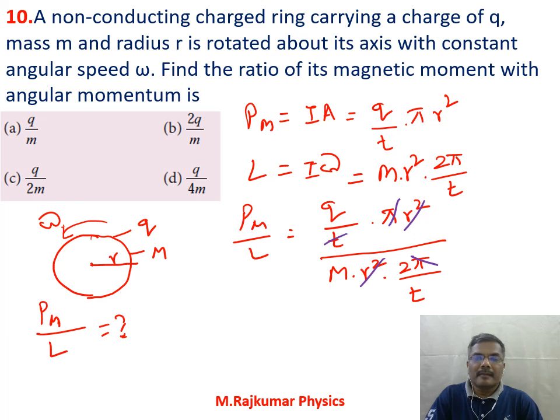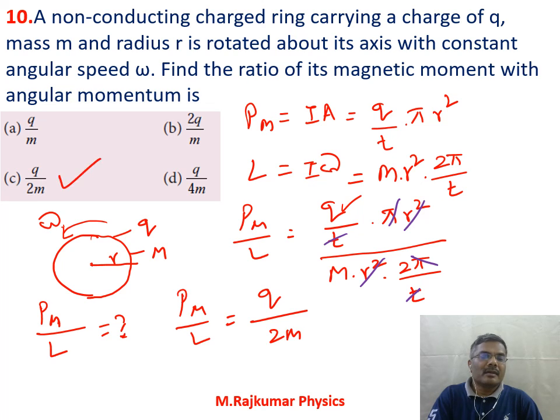So finally this ratio Pm by L will be q in the numerator, and 2 and m in the denominator, q by 2m. So the ratio of magnetic moment with angular momentum L will be q by 2m. So the answer will be C. The C option will be the right answer.